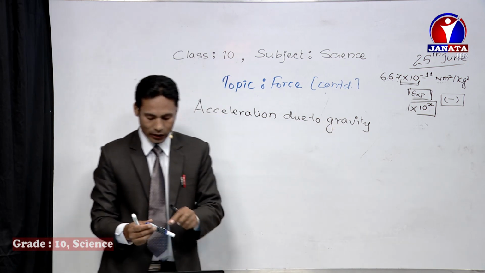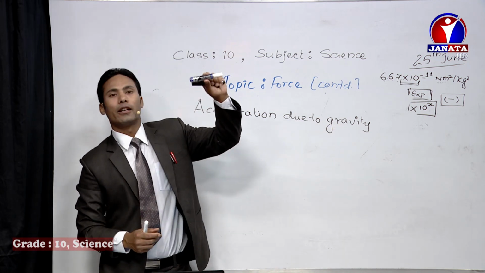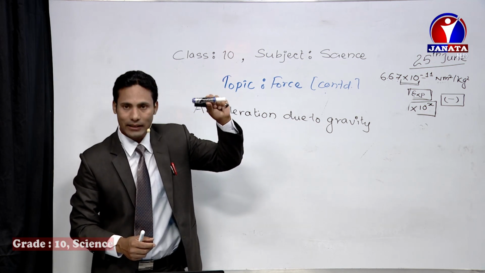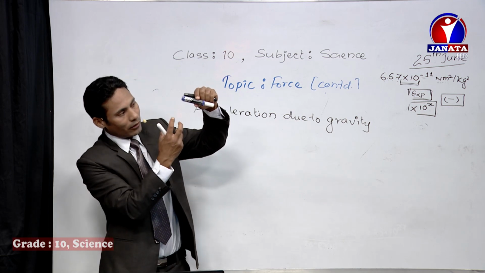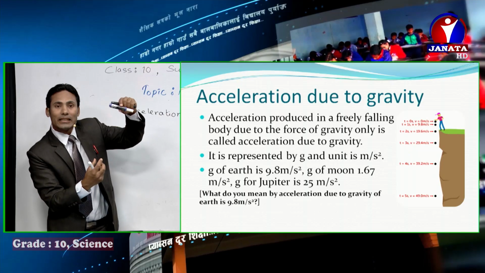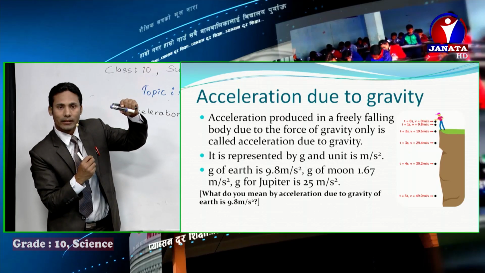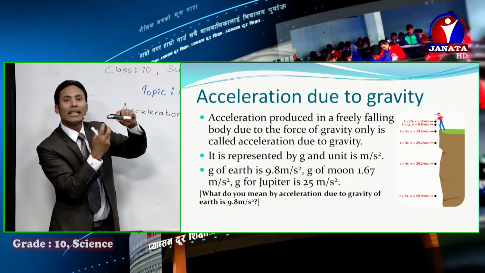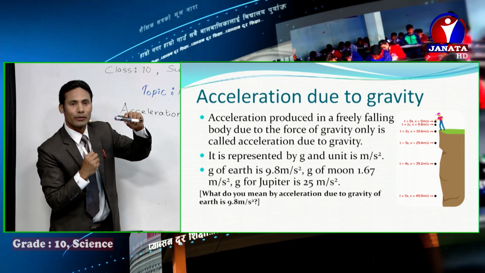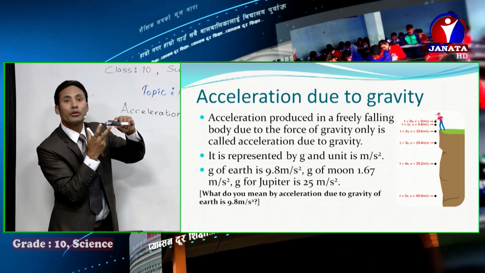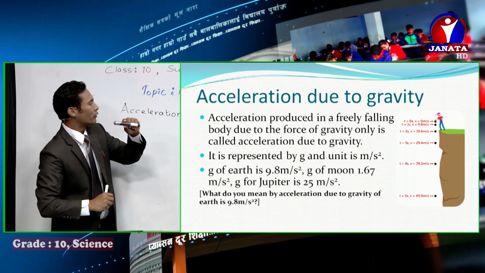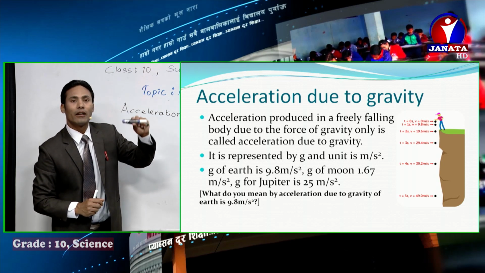When we let any object fall from a certain height, the velocity increases regularly. That means the acceleration of the object increases over the time intervals, and a uniform acceleration is produced due to the increment in the velocity.